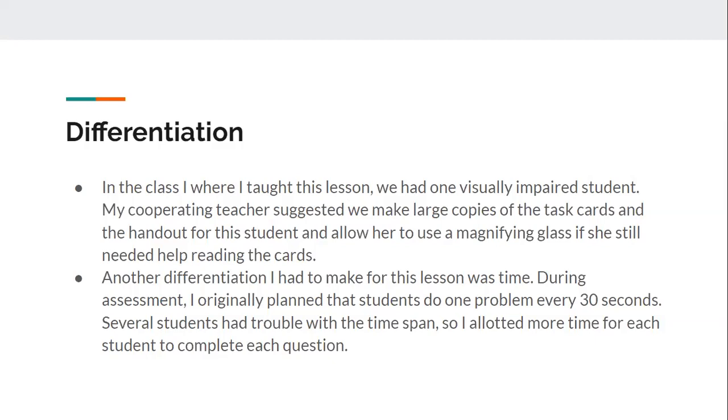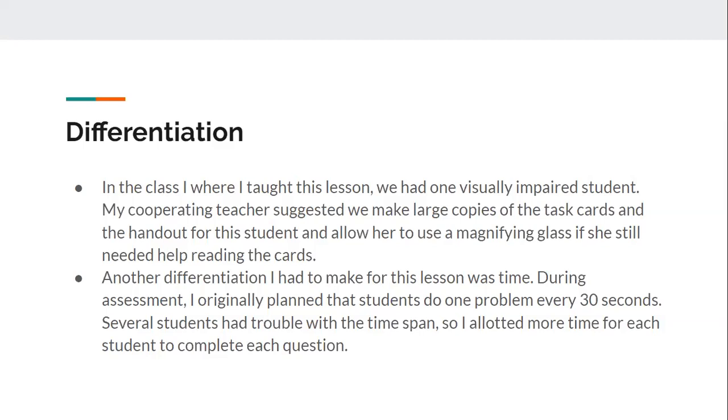Another differentiation I had to make for this lesson was time. During planning of the assessment, I originally planned that students could do one problem every 30 seconds. The task cards really weren't very wordy. They were pretty straightforward, but however, several students did have trouble with 30 seconds per one problem.